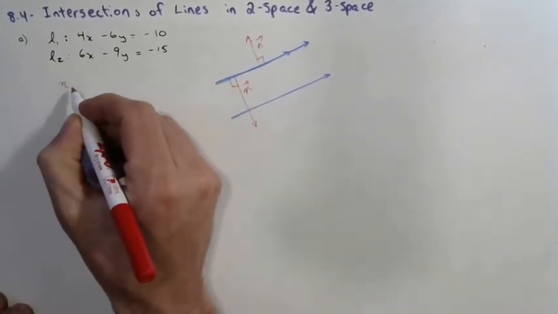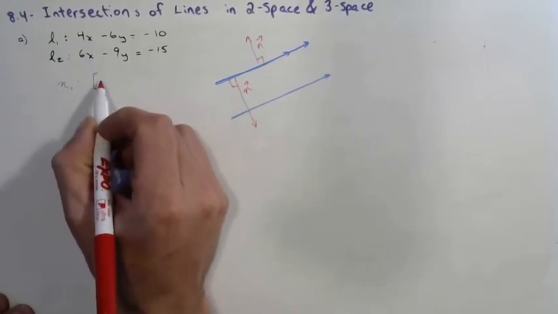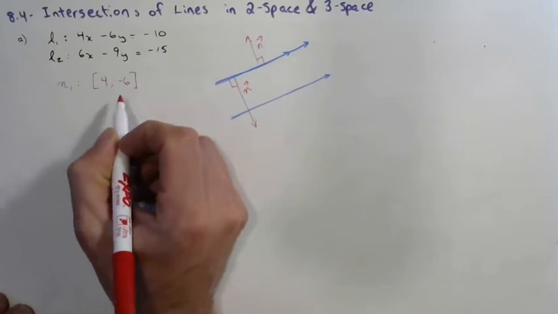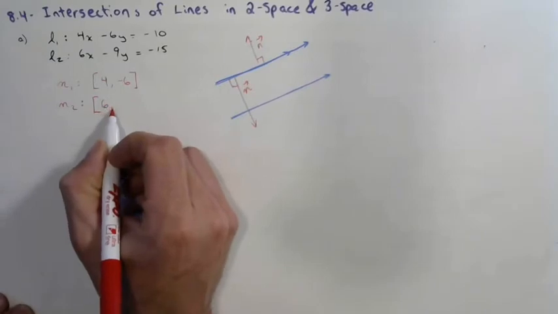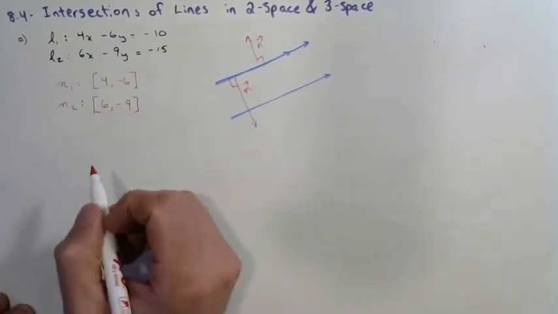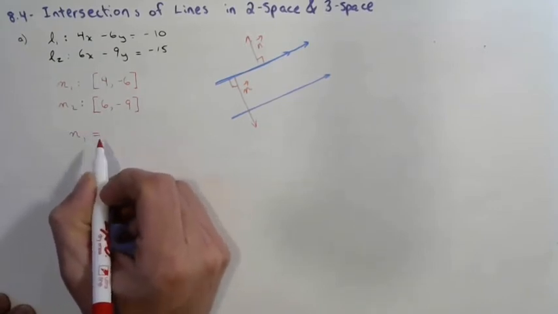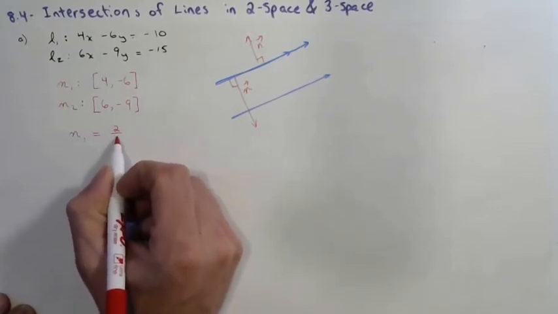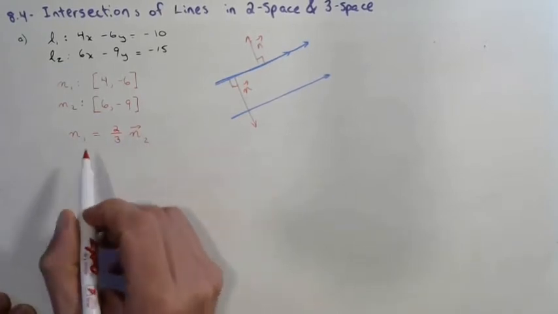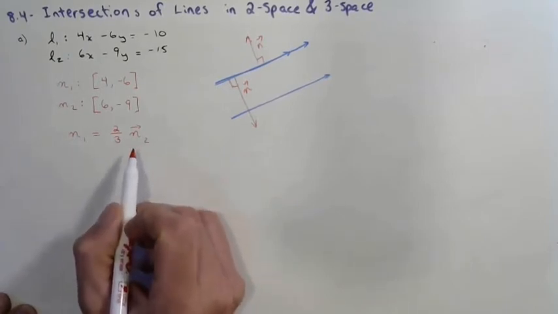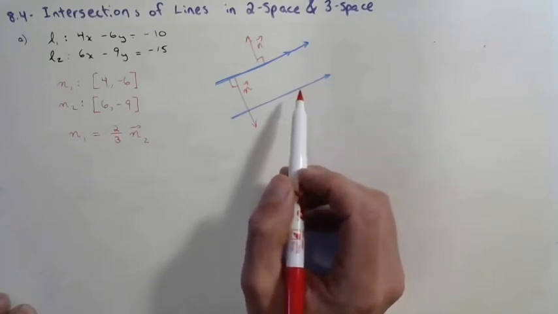The normal vector for line 1 is the vector 4, -6, and the normal vector for line 2 is the vector 6, -9. And so we can see that since n1 is equal to 2/3 of n2, the normal vectors are parallel. Therefore, the original lines are either parallel or coincident.